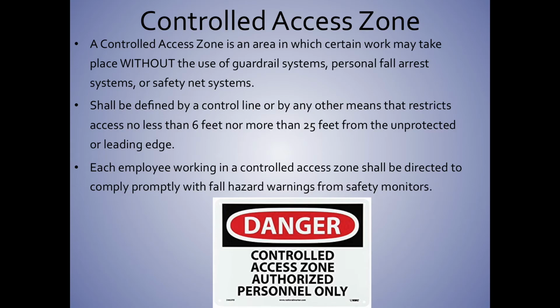It shall be defined by a control line or by any other means that restricts access no less than 6 feet nor more than 25 feet from the unprotected edge. Each employee working in a controlled access zone shall be directed to comply promptly with the fall hazard warning from safety monitors.